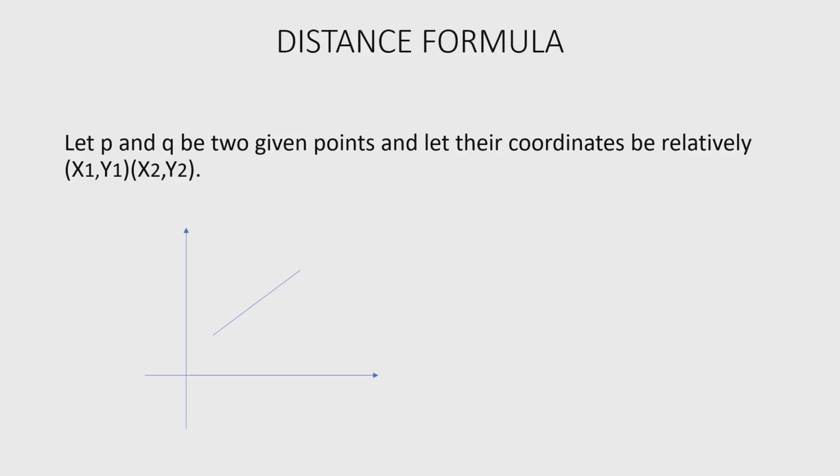So when you join 2 points together, then it becomes a distance. Please note that when you join 2 points together, let's say you have a point A and B, once you join 2 points together, it becomes a distance. So now what is the formula we can use to calculate the distance between 2 points?